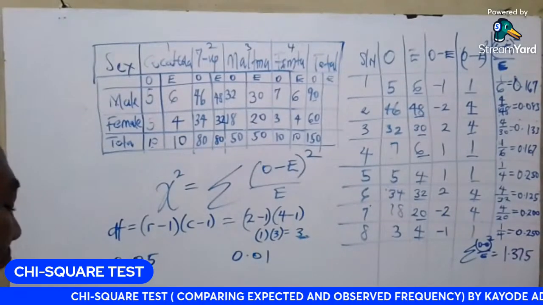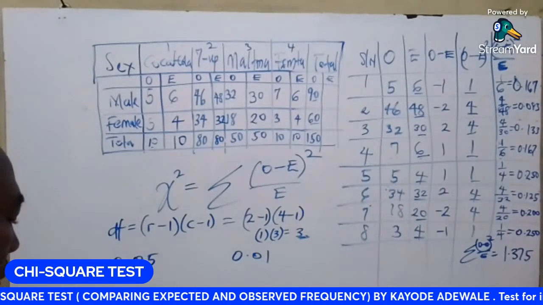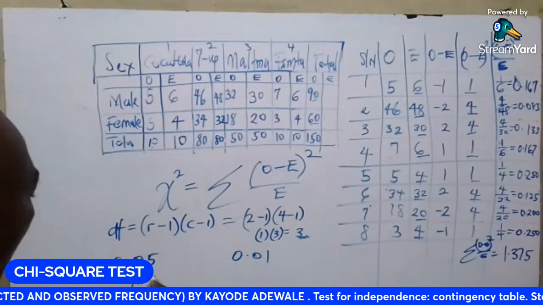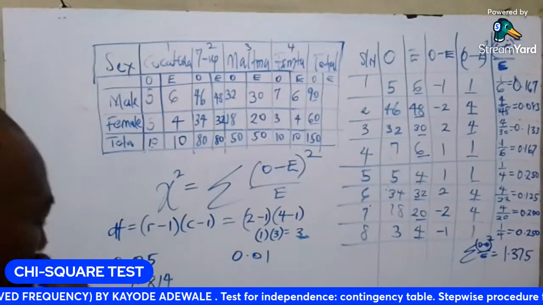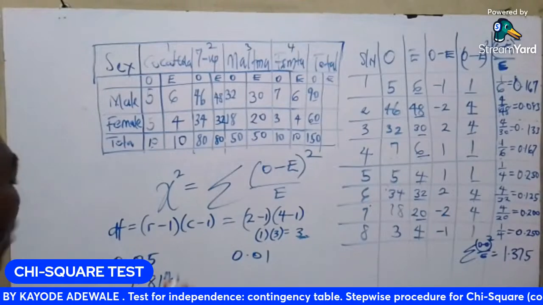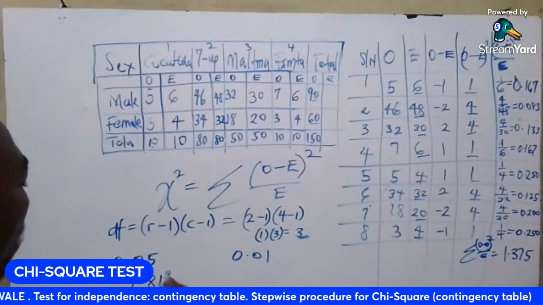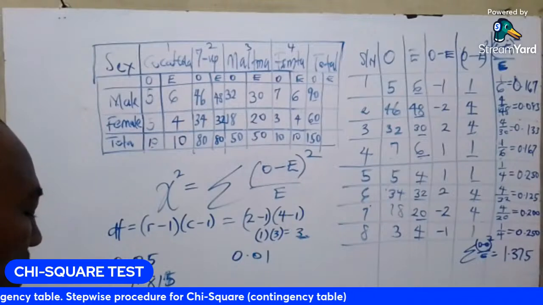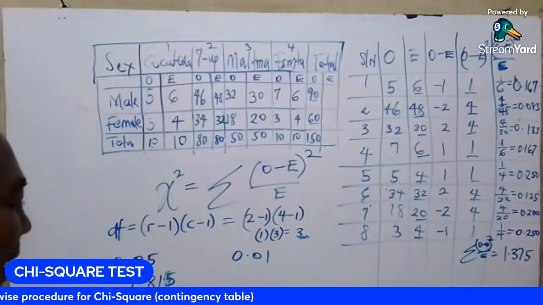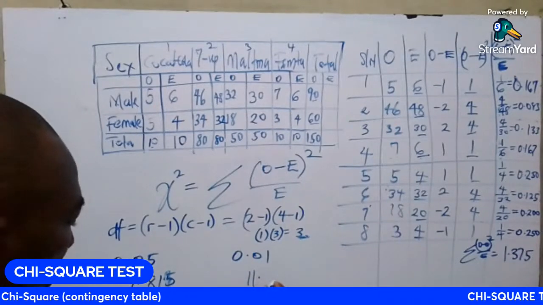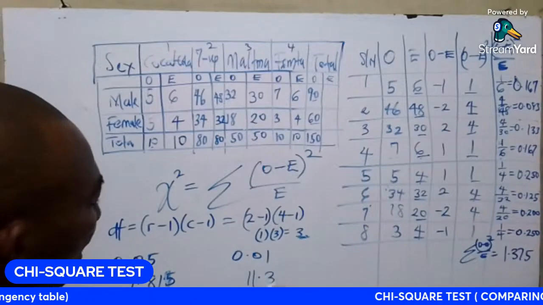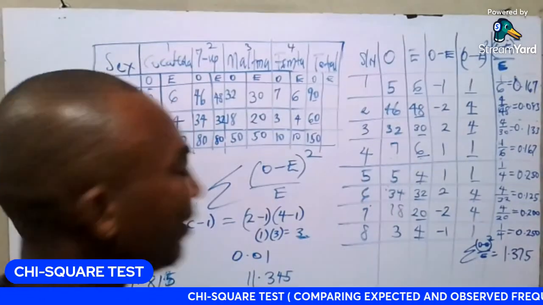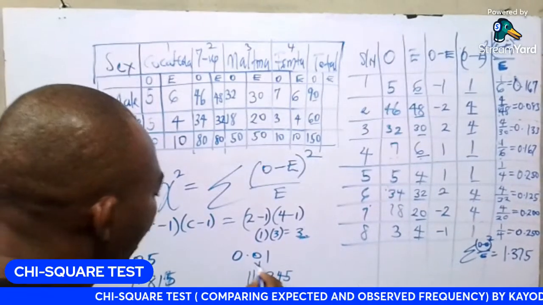So 0.05 under 3 will give me 7.814, approximately 7.815. Under 0.01, that is 11.345. So this is under 0.05.